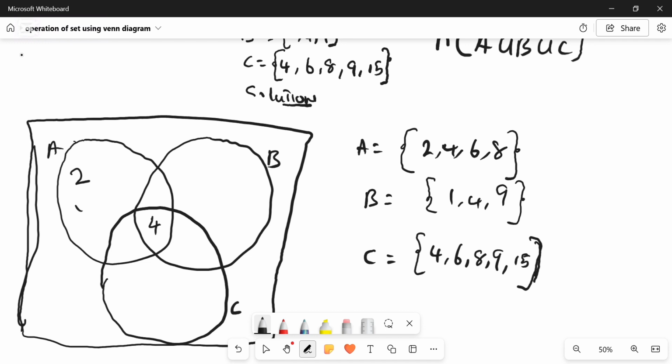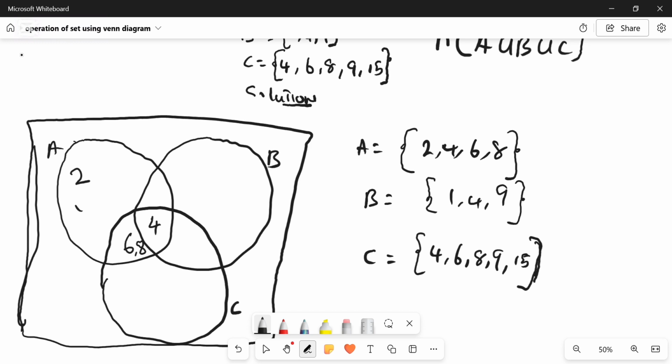So we have 6. 6 is in subset A and in subset C. So you are going to look for where A and C intersect. So this is subset C and this is subset A. This is where they intersect here. So we're going to put 6 here. Then we go for 8. 8 is in subset A and also in subset C.